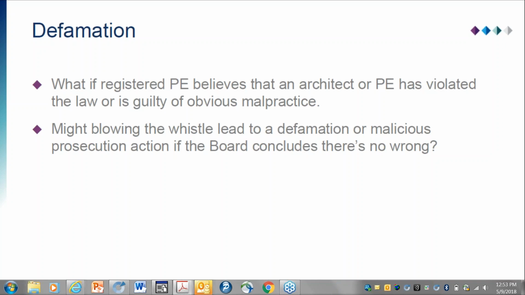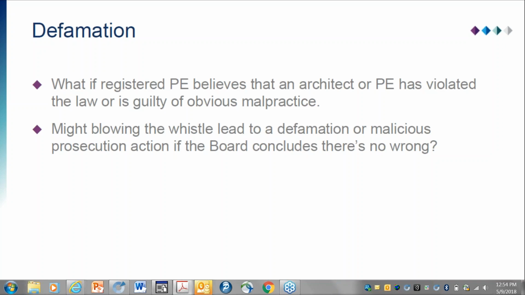So what happens if you run across somebody who you believe is an architect or a professional engineer who has violated the law or is guilty of obvious malpractice? Can you report it to the governing board without fear of a defamation lawsuit? Can you post it on social media with any sort of immunity from any defamation lawsuit, if at the end of the day the licensing board determines that there's no wrong?